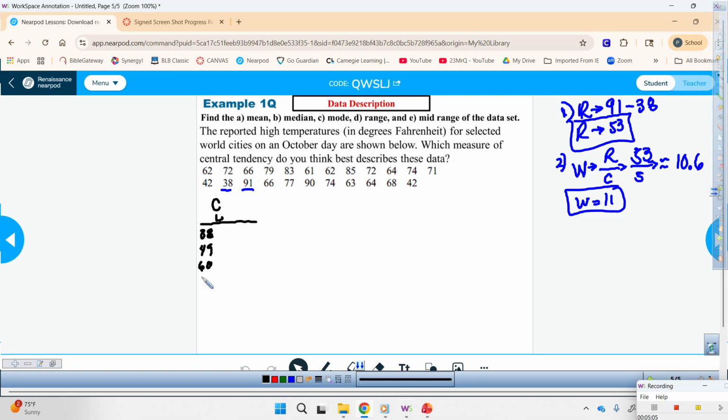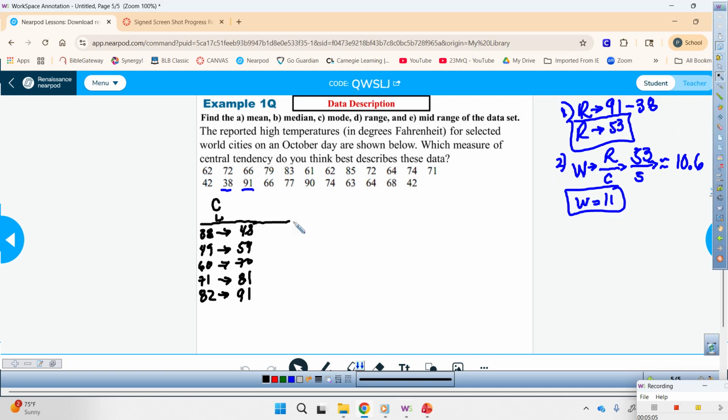Next one, Jacob. Those are 5 classes. Upper limit, for the sake of time, 48, 59, 70, 81, and 91. 38, 49. We're going by 11s, guys. That's the width. Start with 38.